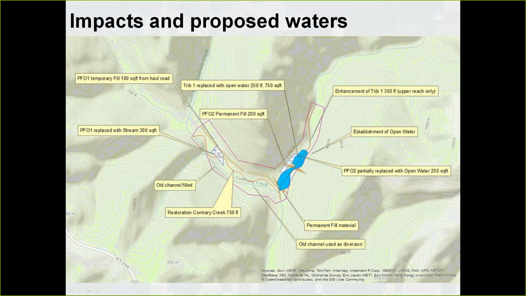So, our impacts of the work on Tributary 1 include a constructed sand berm, which will fill 200 square feet of PFO2, and by raising the stream bed here, we'll be flooding 250 square feet of PFO2 as well as 250 linear feet of Trib 1. Finally, we are creating PFO3, 600 square feet, to offset our impacts to PFO1 and PFO2.